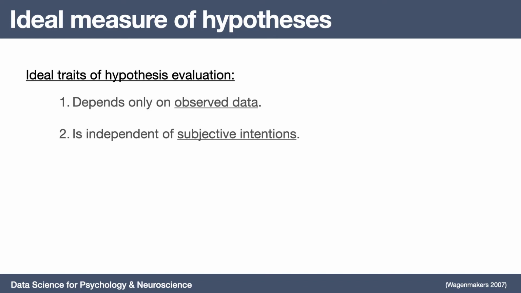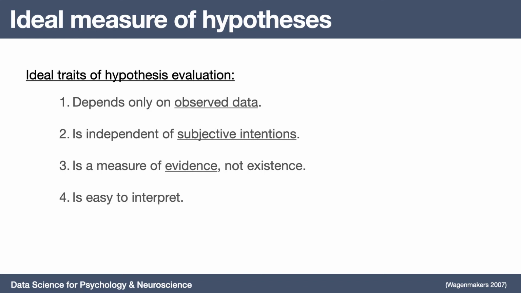So something that can reflect a quantitative value that is irrespective or insensitive to the subjective intentions of those calculating the test statistic. You want something that's a measure of evidence, not necessarily existence. So you want to know to what degree you have confidence in one hypothesis or another. And ideally, it's something that's easy to interpret, intuitive, and most importantly, objective.